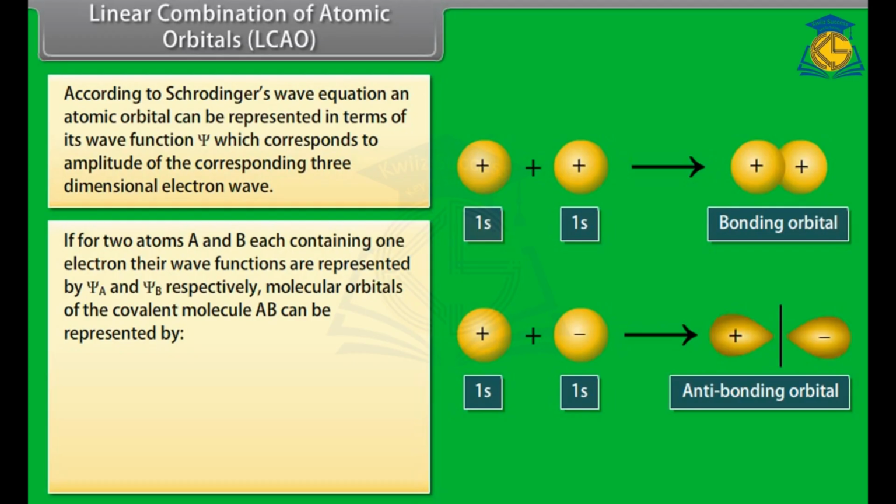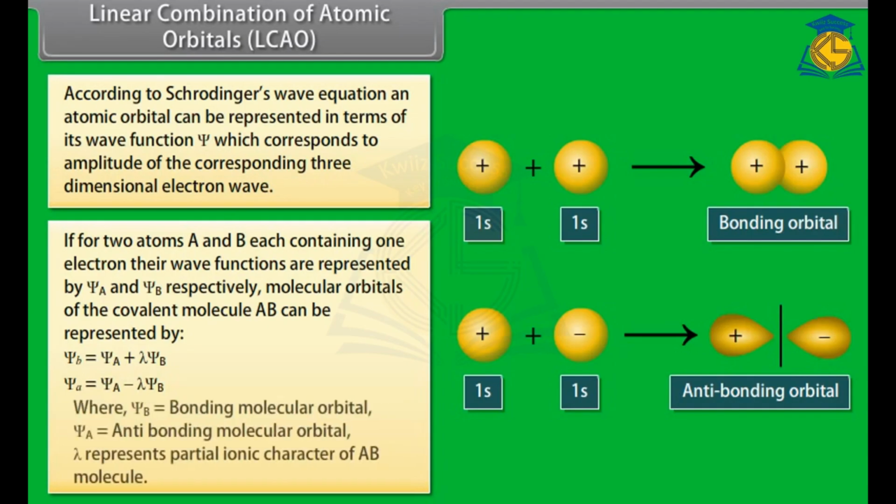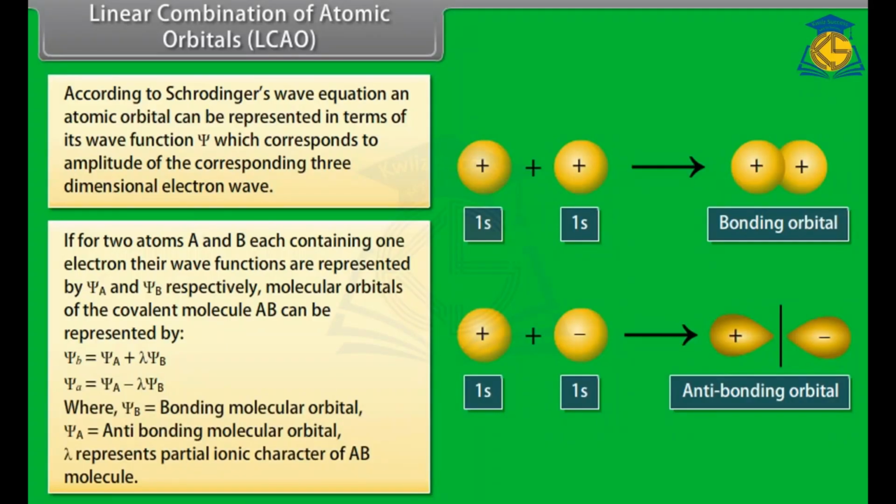Molecular orbitals of the covalent molecule AB can be represented by psi b is equal to psi A plus lambda psi B, and psi a is equal to psi A minus lambda psi B, where psi b is the bonding molecular orbital and psi a is the anti-bonding molecular orbital.